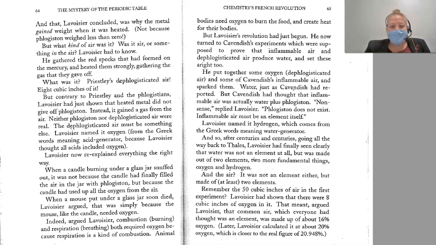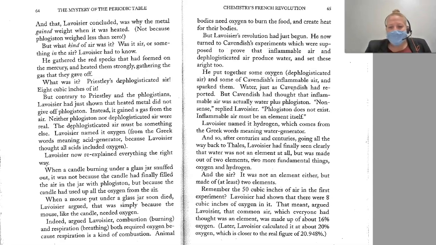And so, after centuries and centuries, going all the way back to Thales, Lavoisier had finally seen clearly that water was not an element at all, but was made out of two elements, two fundamental things, oxygen and hydrogen. And the air, it was not an element either, but made up of at least two elements. Remember the 50 cubic inches of air in the first experiment?